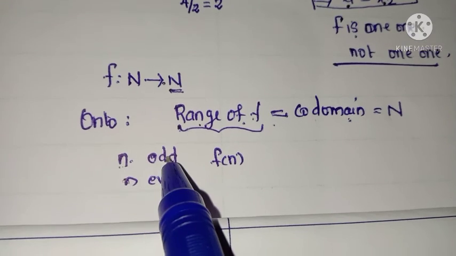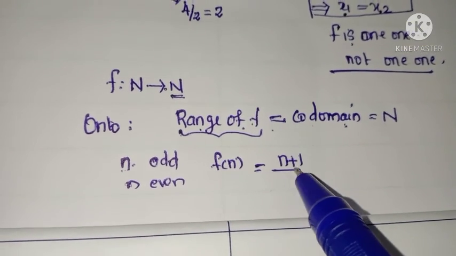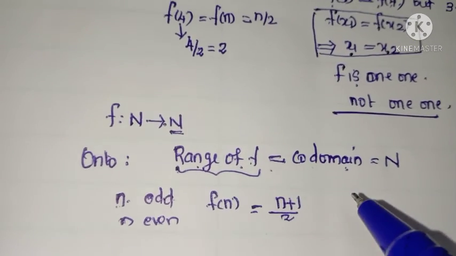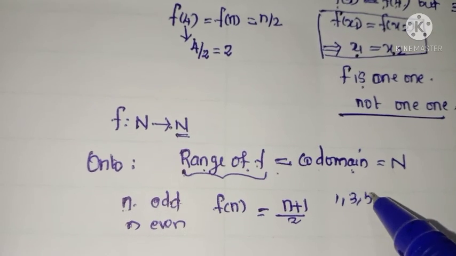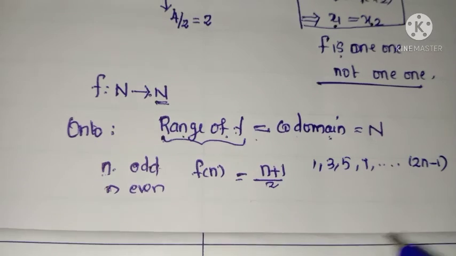Listen, when n is odd, f of n is defined as (n plus 1) by 2. Now, n is odd means what are the numbers? 1, 3, 5, 7, etc. up to 2n minus 1.